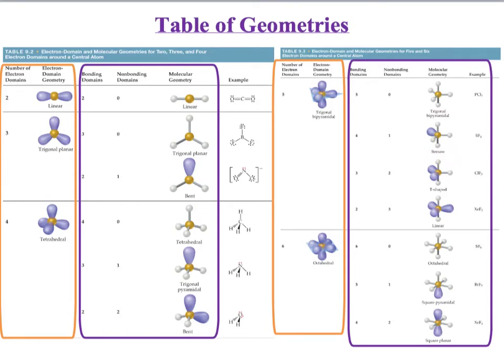This is really how you'll go about this. Same thing where you have 2 electron domains: the electron domain geometry is linear, which means you have 2 bonding, no non-bonding, and so your molecular geometry is also linear. So it's critical that you can identify the number of electron domains.